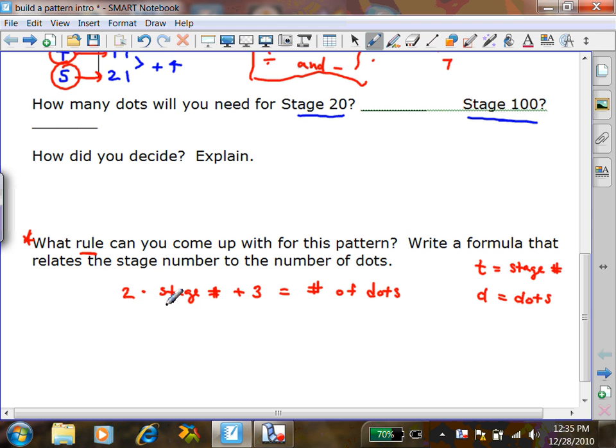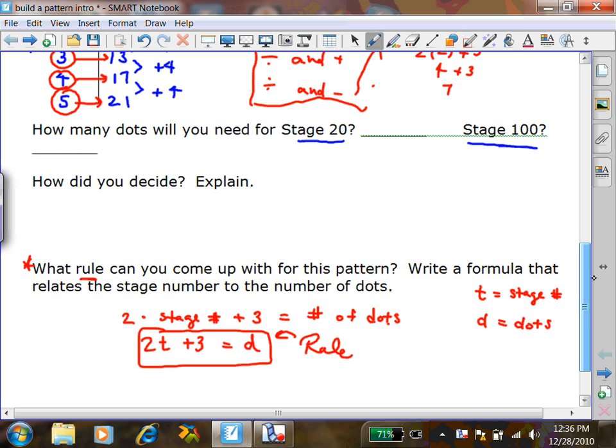If I take 2 times the stage number, well, the stage number is represented by the variable T, and then I add 3 to that, that equals the number of dots. And I used D to stand for dots. So this right here is a very nice rule that relates stage number to dots. Again, not the correct one, but that's just an example to get you started.